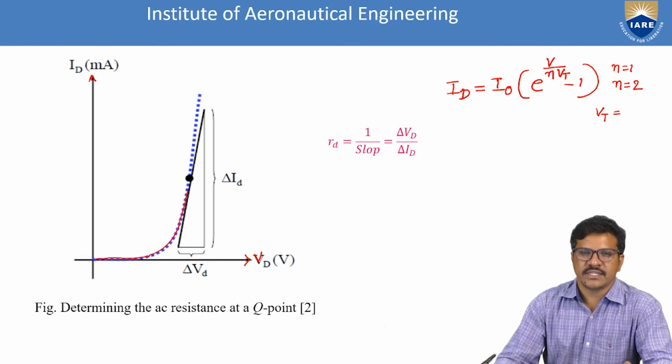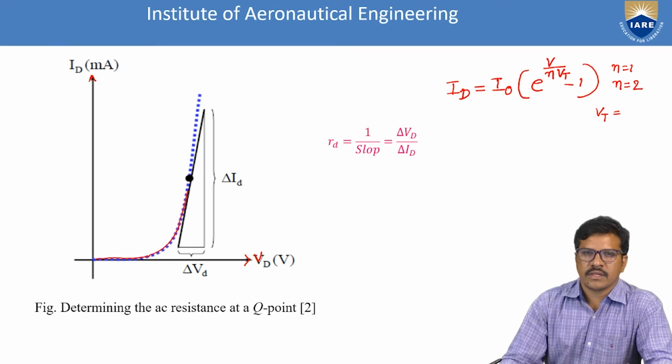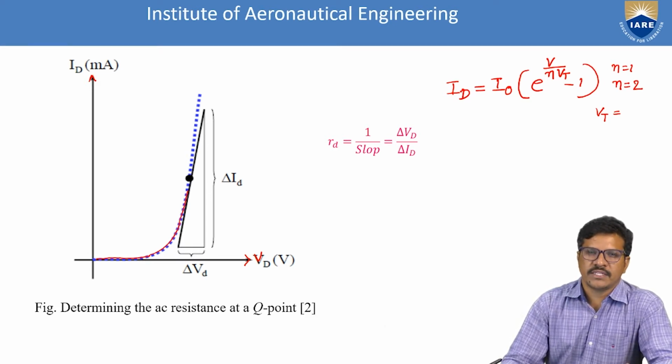Static resistance is the ratio of the applied voltage to the current flowing in the PN junction diode, just R is equal to Vd by Id. The dynamic resistance we can measure from the graph.